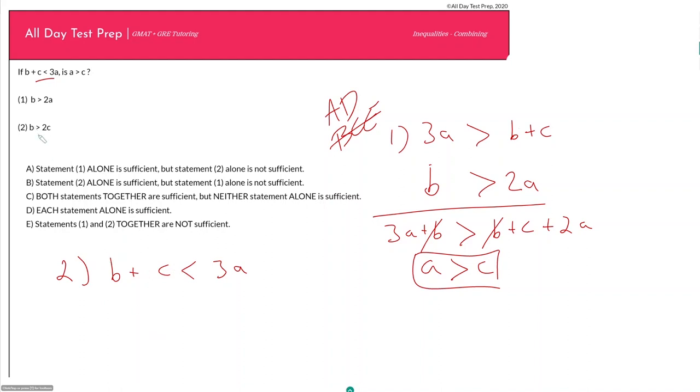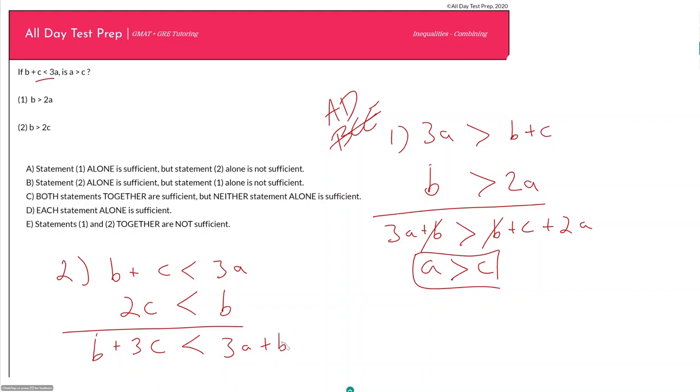And then statement 2 tells me b is greater than 2c. And so I need my signs facing the same direction. So I can write the inequality for my statement like this. Notice my inequalities are both facing to the right. Now I can add these. So b plus 3c is less than 3a plus b.